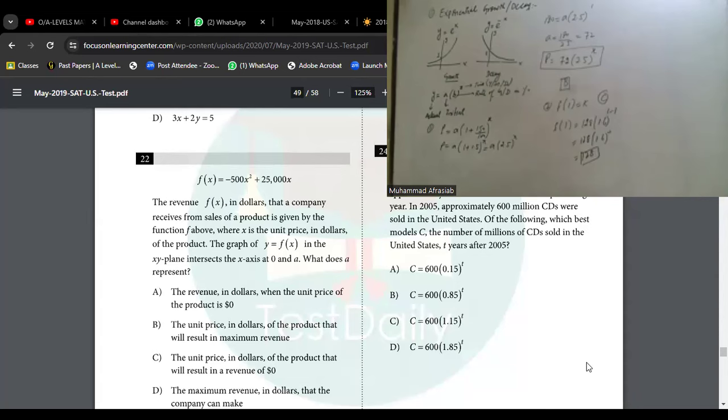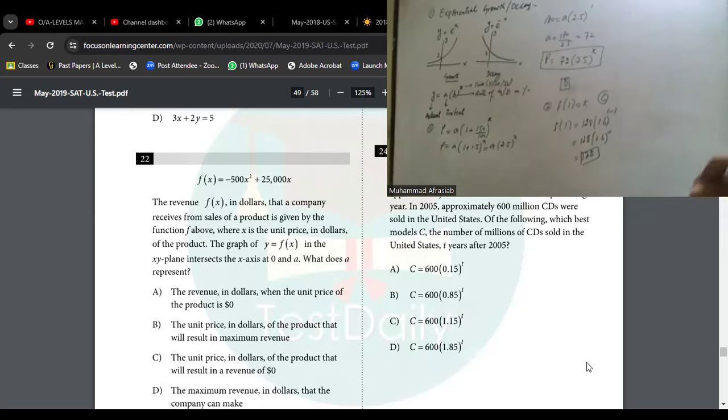In 2005, approximately 600 CDs were sold in the United States. Of the following, which one is the best expression for the millions of dollars of CDs sold in the United States t years after 2005?